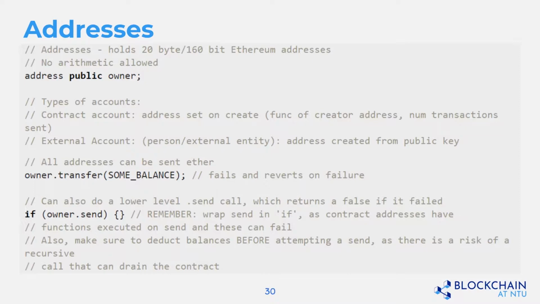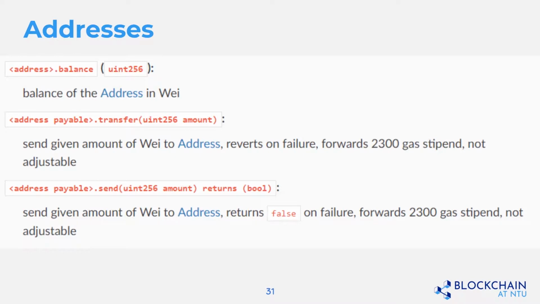You need to wrap the owner.send in an if clause to check that if the send function fails, then you do something about it. But if you don't want to go through all this trouble, just use owner.transfer. Usually the current convention is to use address.transfer. It makes things much easier when you're programming.